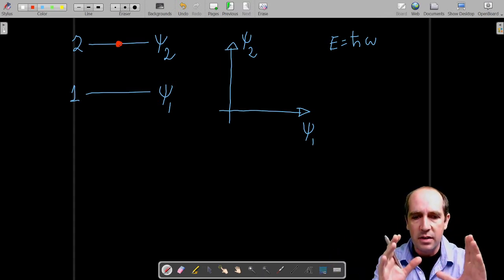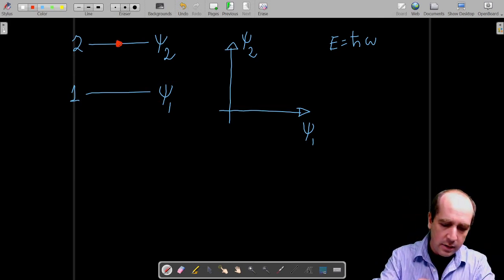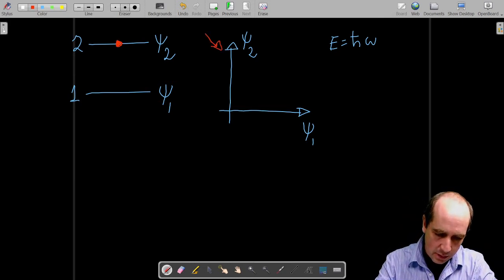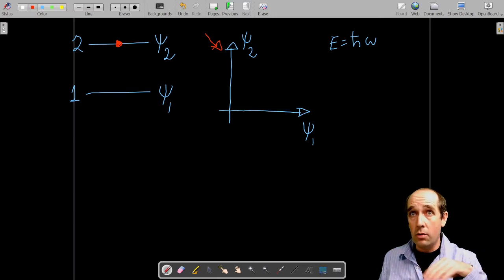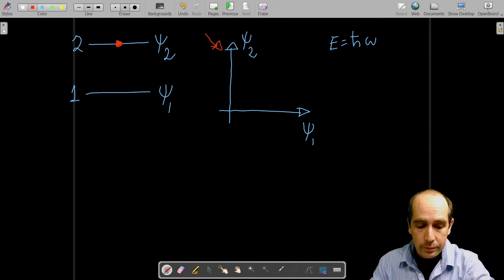I prepare the system in state number 2. So it's populated here, as I said. This means that this is the vector or the function that represents the state the system is in.